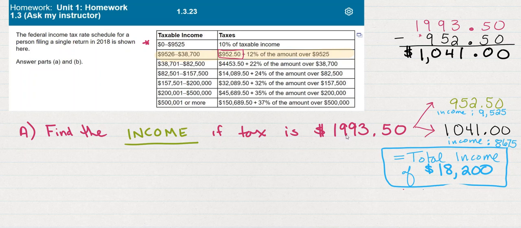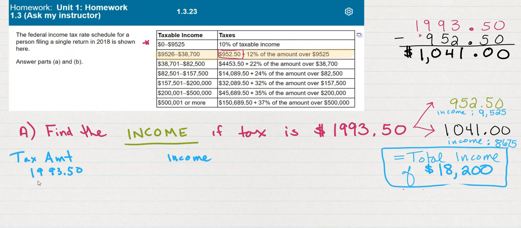If I took this $1,993.50 and I started with, okay, so if the tax amount was $1,993.50, and I want to find the income amount, I'm going to break it down to first, this first bracket.